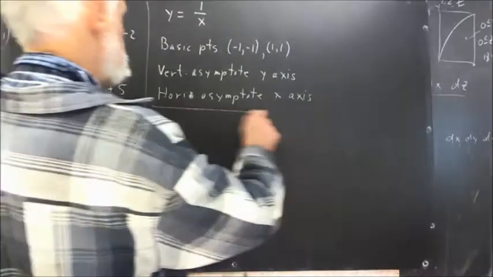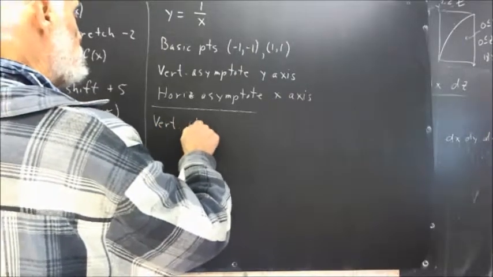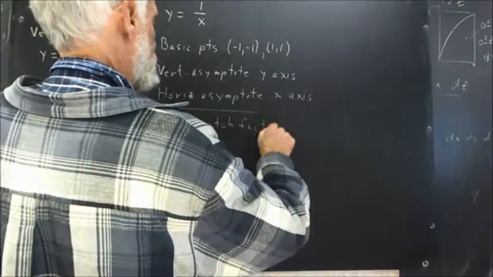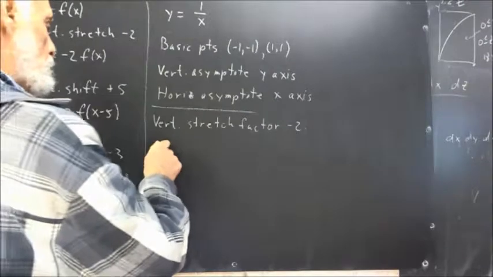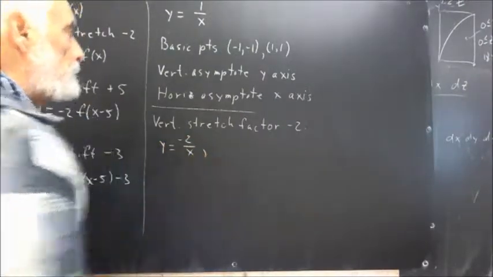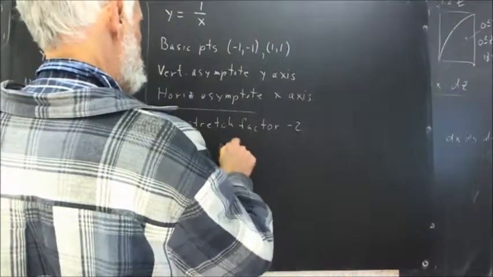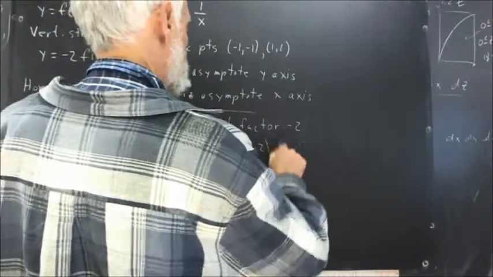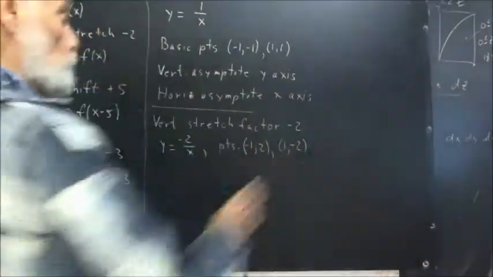So, vertical stretch factor -2, we're going to get y equals -2 over x, and we're going to get the points -1, 2, and 1, -2.